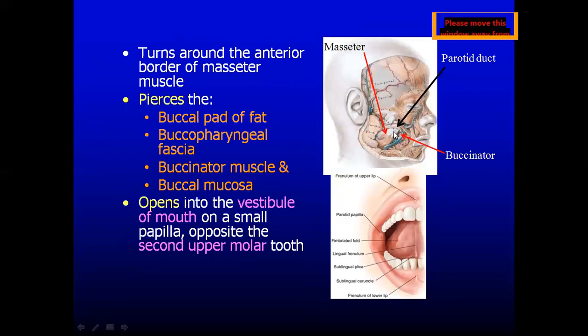It turns around the anterior border of the masseter muscle, pierces the buccal pad of fat, buccopharyngeal fascia, buccinator muscle, buccal mucosa, opens into the vestibule of mouth, opposite the upper second molar tooth, like this. It opens inside the oral cavity. Parotid gland is purely serous gland and the secretions are rich in salivary amylase, that is ptyalin enzyme, which helps in the digestion of starch, carbohydrate.